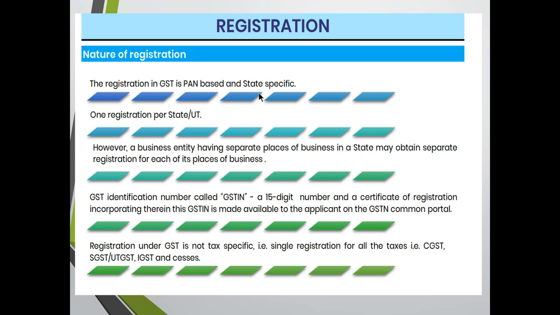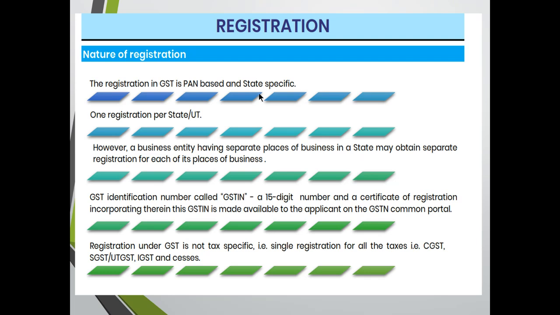Rather, if you want to add branches or places of business in any other state, for every state you would be required to have a separate registration. But everything should be under the same pattern. If you are registering as regular, every branch should have a regular registration. If it's composition, every branch should have a composition registration. So it's a PAN and state based registration.